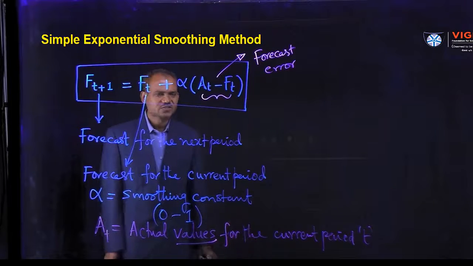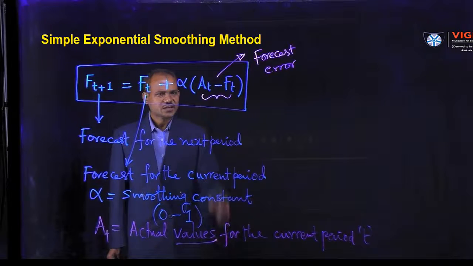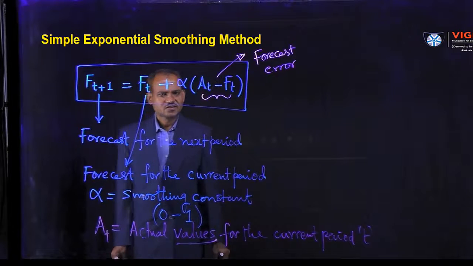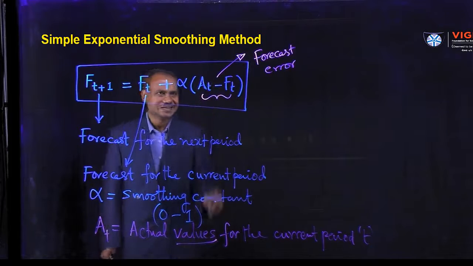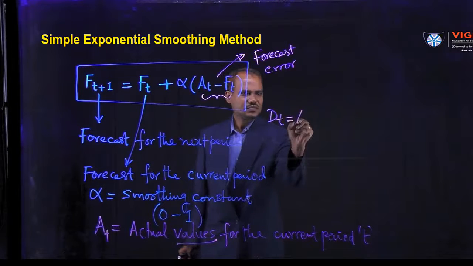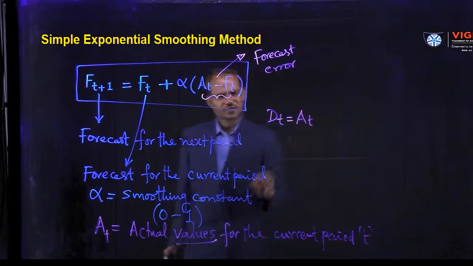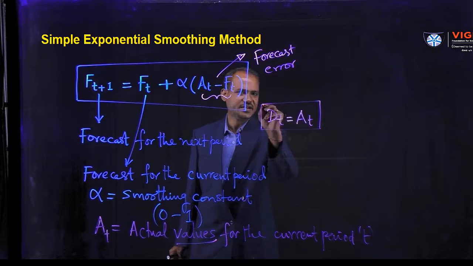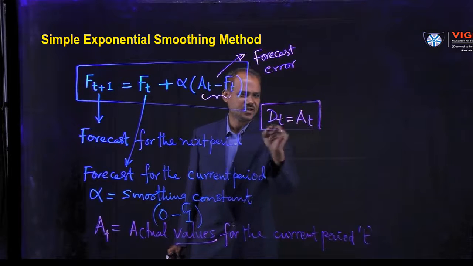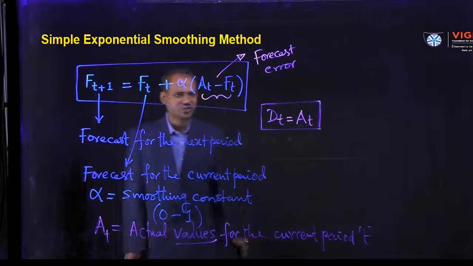Different textbooks give different terminology. In place of A, some books may give Dt instead of At. Therefore, Dt or At is the same. That means actual values.